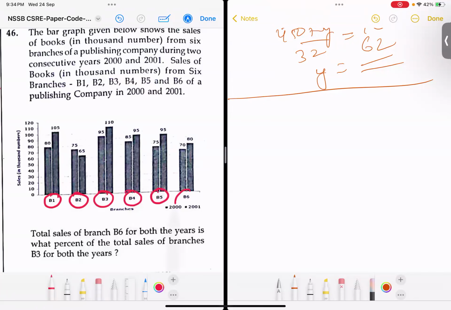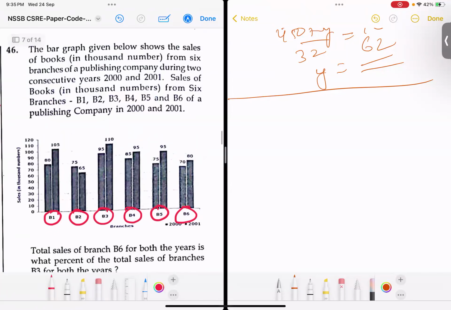The company has 6 branches, and they have sold different numbers of books, okay? So for every branch, the first bar represents the books that have been sold in the year 2000, and the second bar represents the books that have been sold in 2001. Similarly, this is 2000 and this is 2001, okay? So it goes like this, okay, for every branch. And this number represents the number of books that have been sold, okay?